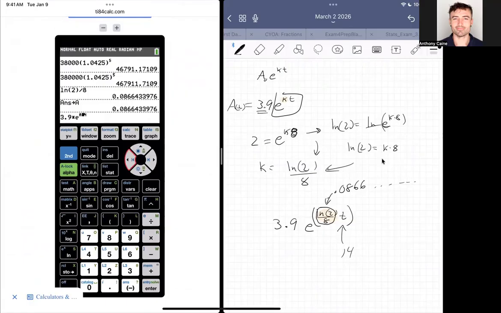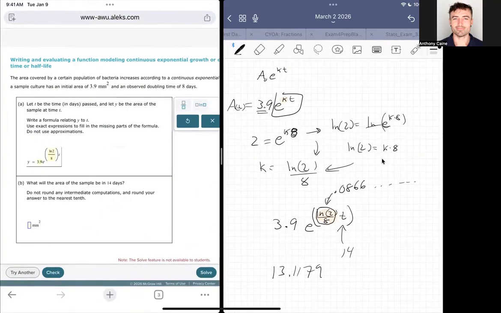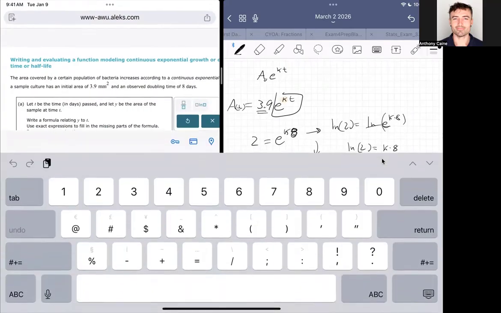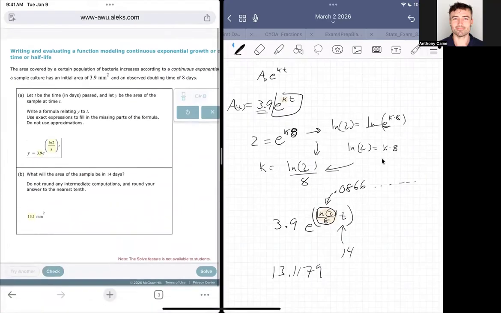There you go. Okay, so after 14 days, I have 13.1179. And so now when I go back here, it says round to the nearest tenth. So I have 13 point, it was 1, so there's the nearest tenth. Let's go ahead and check that.